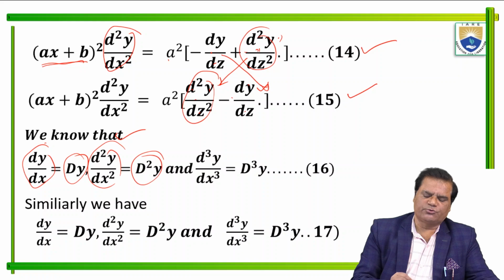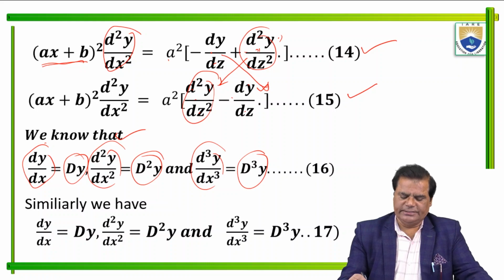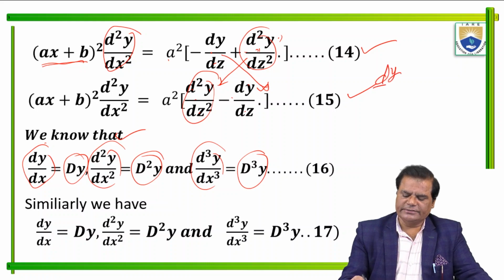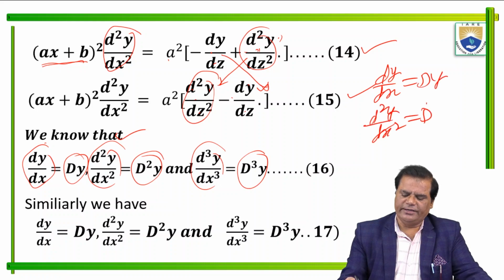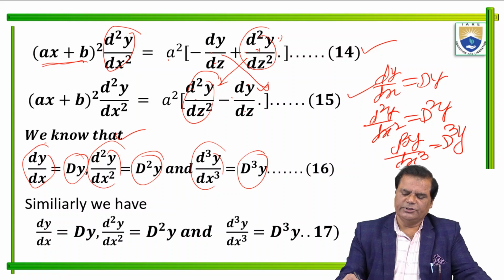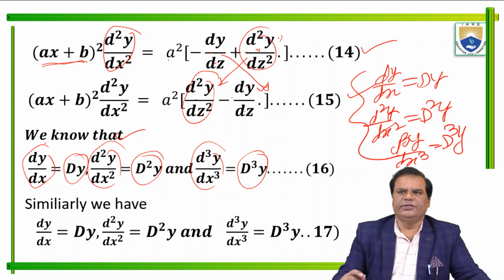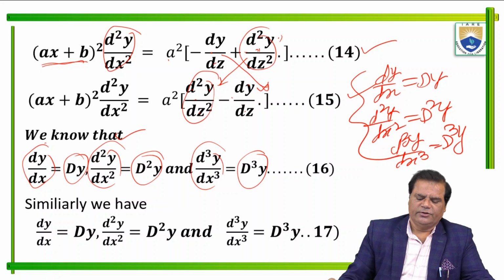What we know here is that dy/dx is Dy, d2y/dx2 is D square y, and d cube y over dx cube is D cube y. In all of these terms the variable is x, but in our question the variable is z.